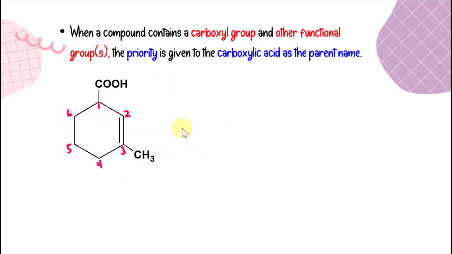The IUPAC name for this compound will be 3-methyl, because we have a methyl group attached on the third carbon, 2-cyclohexene, because we have a carbon-carbon double bond between carbon number 2 and carbon number 3, carboxylic acid.